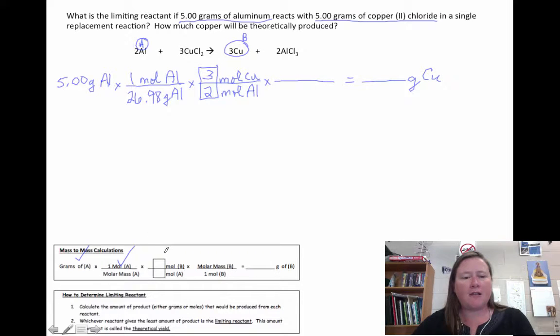And our last step, I got my mole-to-mole ratio done. 1 mole of copper, and its molar mass is 63.55 grams.